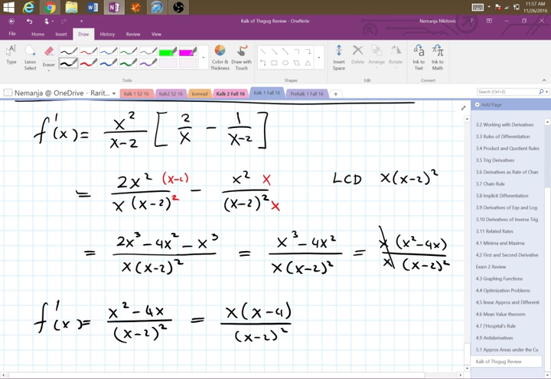So that's the reason why I did that. Do you want to do the same with the second derivative so that when we're trying to figure out the inflection point?